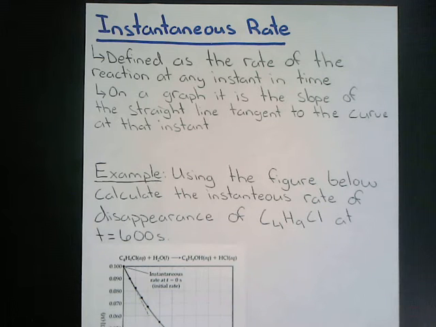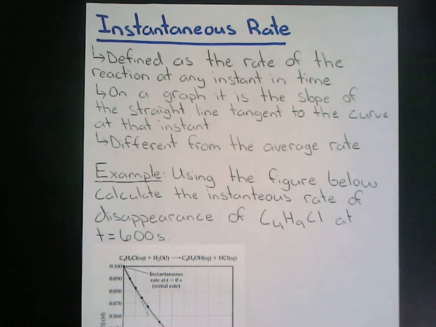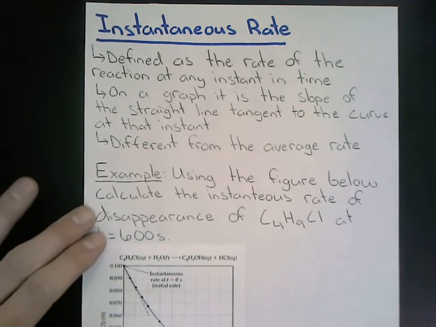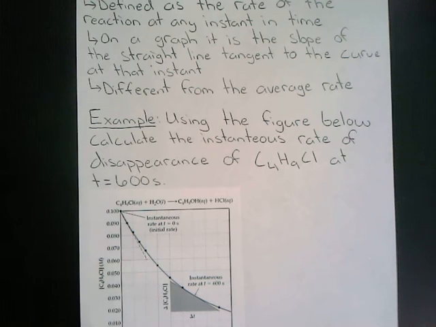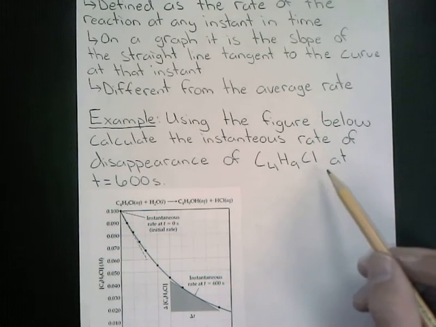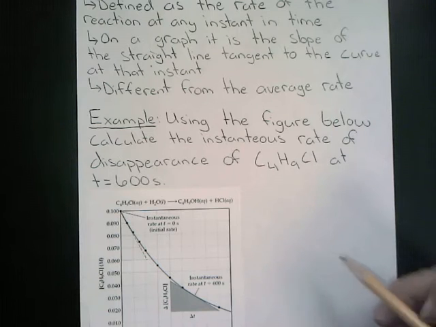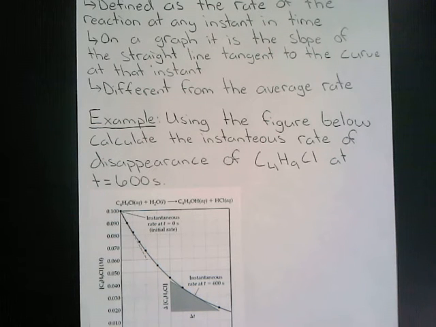Now, it's important to note that this is different than the average rate. All right, so let's go through an example, and I will mention that the key thing is taking 2 points and subtracting to find that particular instant in time. Going through this problem, we want to calculate the instantaneous rate of disappearance of our chlorobutane at exactly 600 seconds.